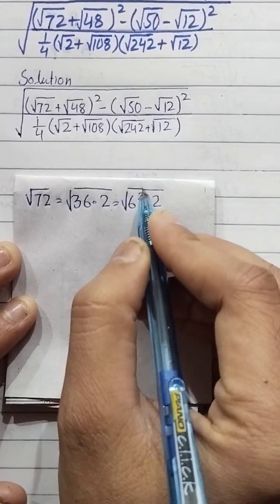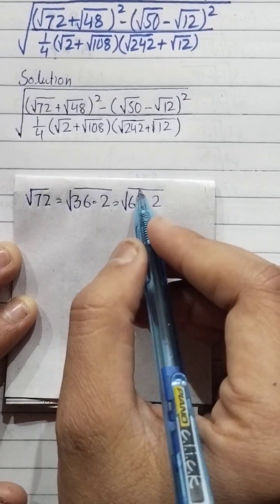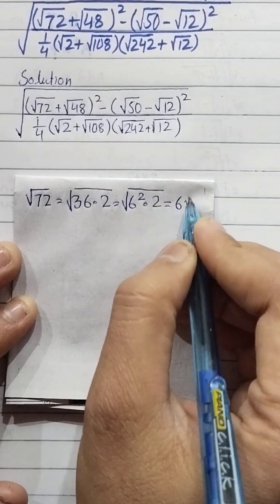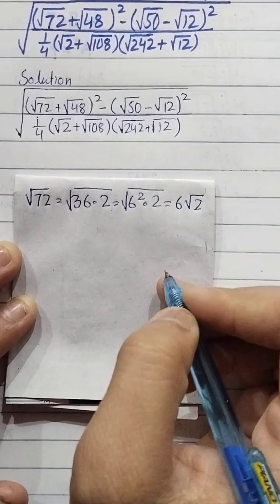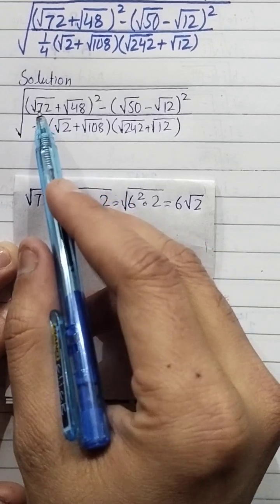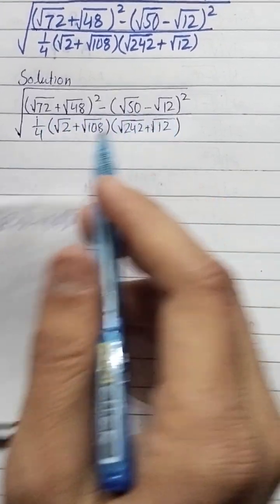Then this square can be cancelled with the square root, so we can write this as 6 under root 2. Okay, and I have already done this for all these numbers like this.